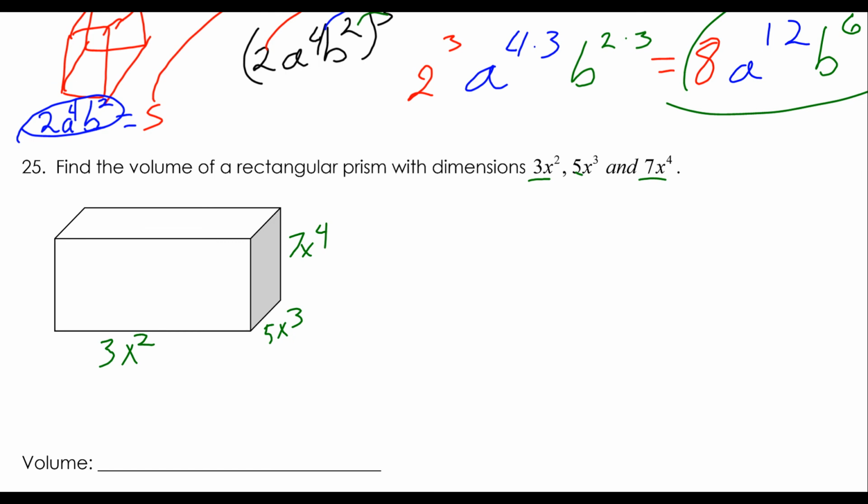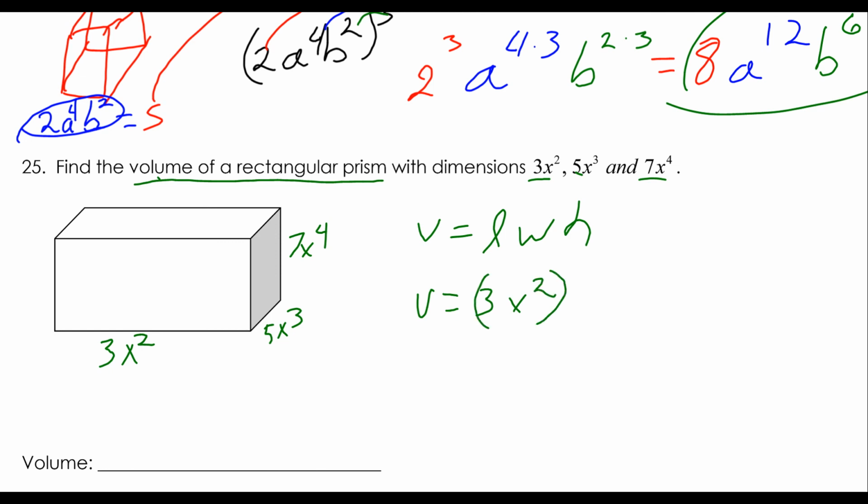Now, if you remember correctly, the volume of a rectangular prism is LWH, length times width times height. So what we're going to do is go V equals 3x squared times 5x cubed times 7x to the 4th.